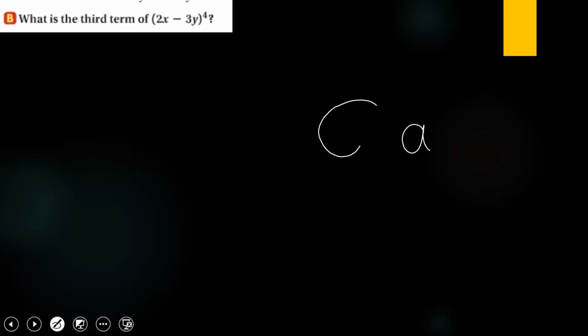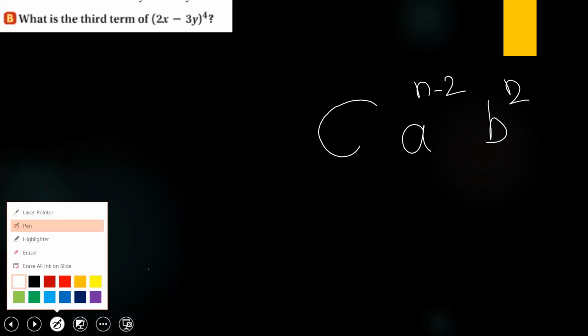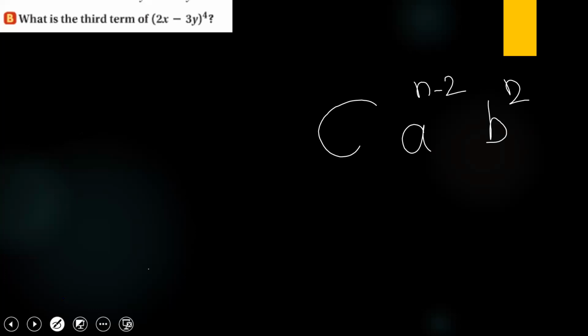And here you have A and B. For A, you write n minus 2, and for B, you write 2. This is fixed, n minus 2 and 2. But the combination will change according to the question.